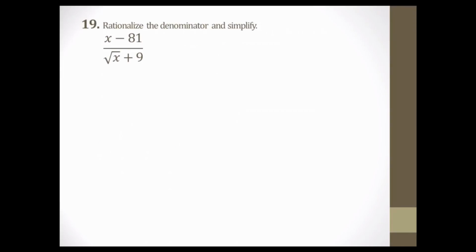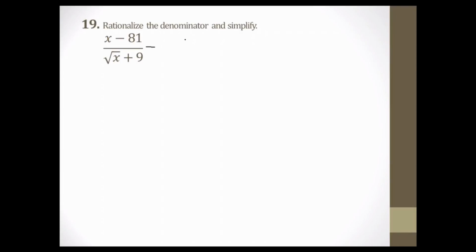So 19, rationalize denominator and simplify. When you're trying to rationalize the denominator, that means you're trying to get rid of the square roots in the denominator. This problem is an interesting one, and you actually can rewrite the numerator as the difference of two squares.